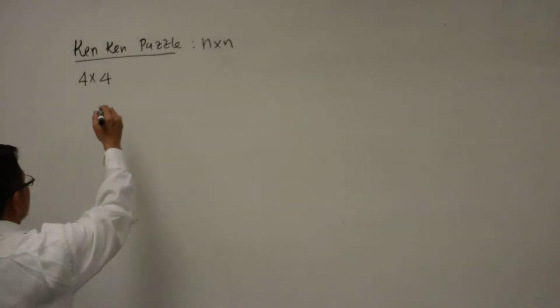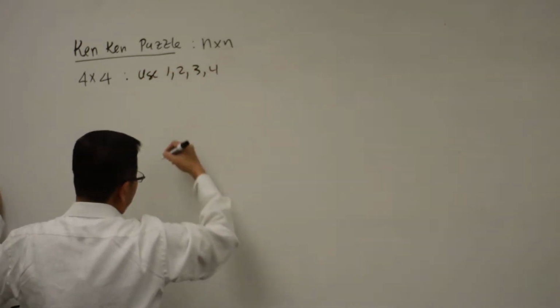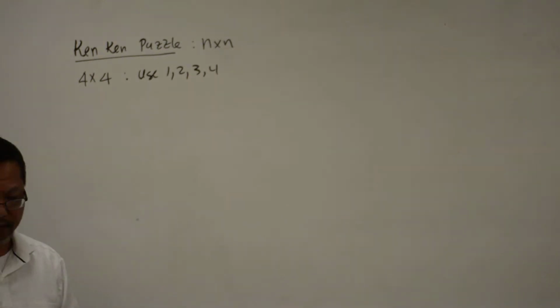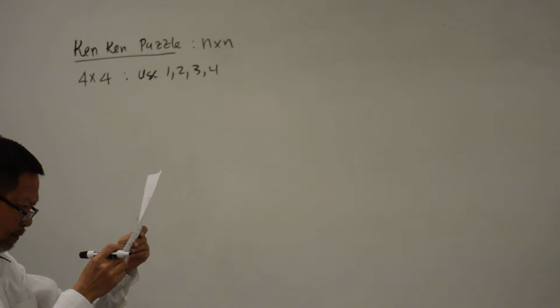Four by 4. So that means you can use 1, 2, 3, 4 to find out the indicated cage number in the cage. Okay, so let me draw the 4 by 4.